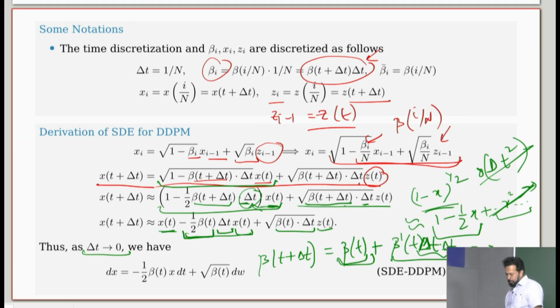All this is provided beta is well behaved and bounded and so on. You may say that delta t square will go to 0, but what if beta t sharply rises? There are a few things we are assuming in the background. Or what if your beta t was so high that it negates delta t square, so it is still significant?